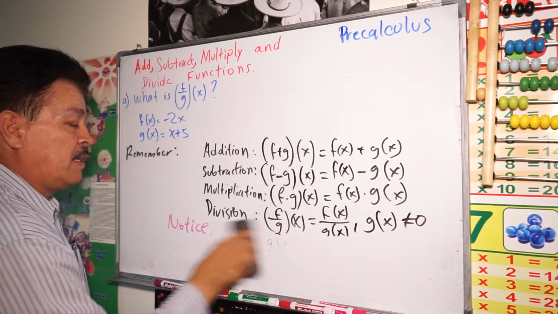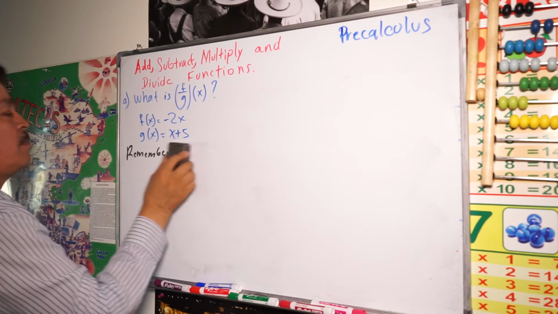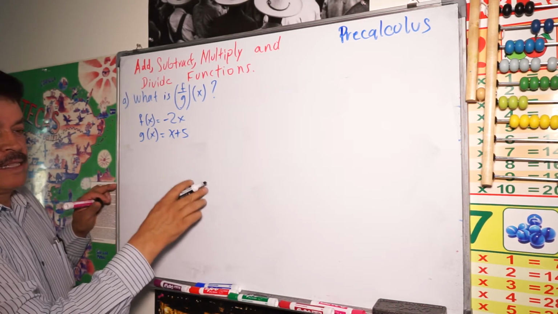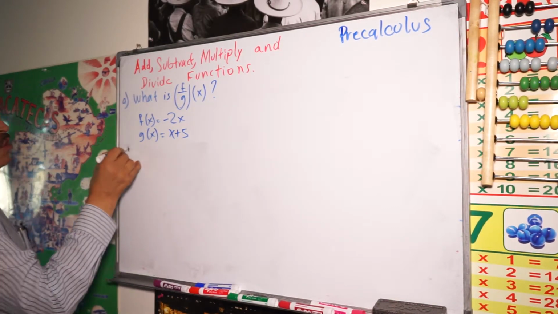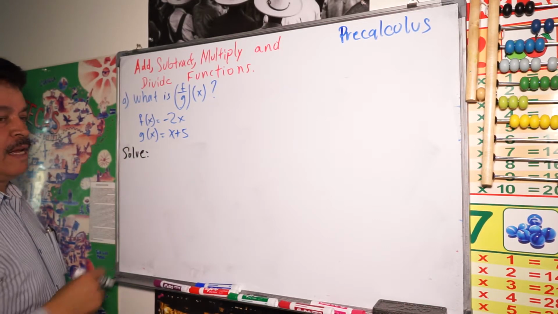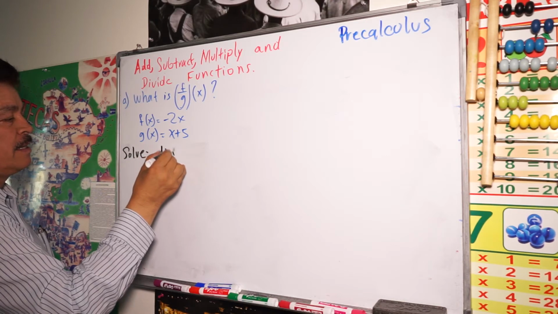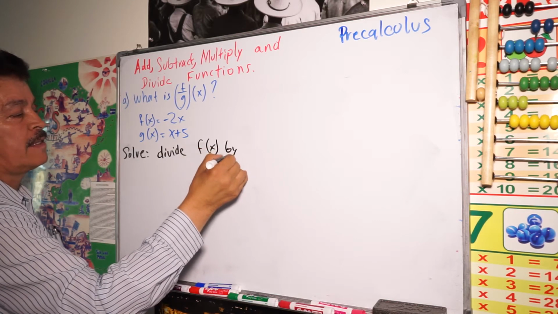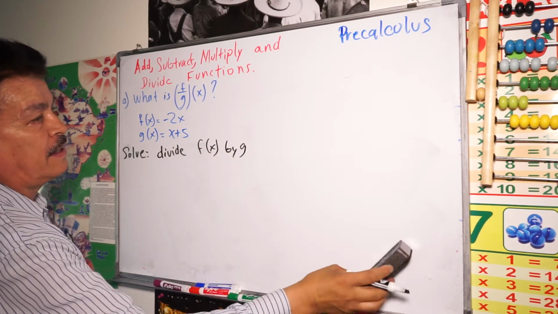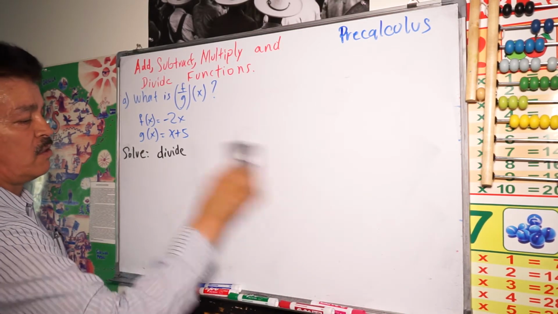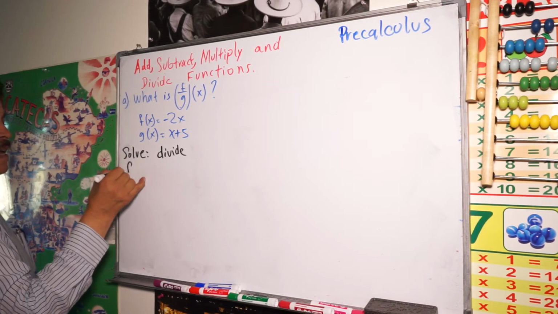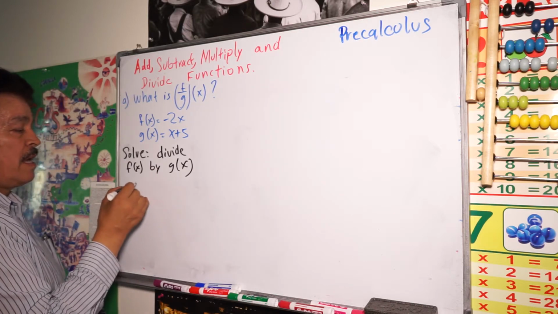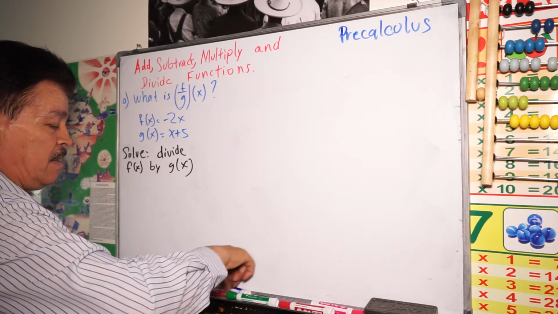So let's solve this example here, step by step. First, divide f(x) by g(x).